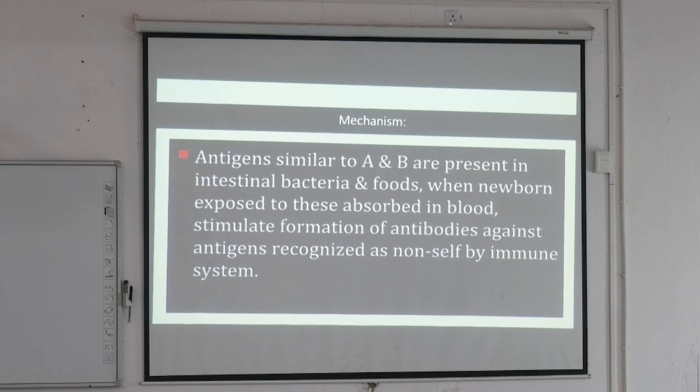It relates to the gut microbial environment, and this gut microbiome also helps in the formation of antibodies. So antigens similar to A and B are present in intestinal bacteria and exogenous foods. When the newborn is exposed to these, they are absorbed into blood and stimulate formation of anti-A or anti-B antibodies by immune mechanism.